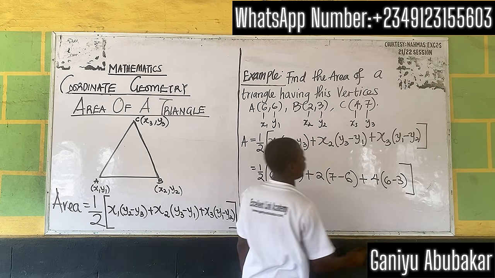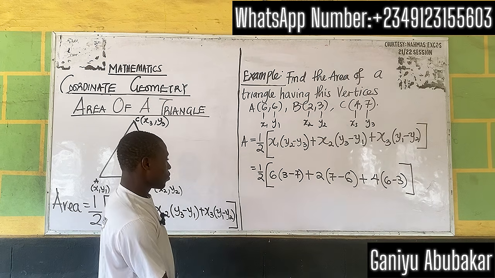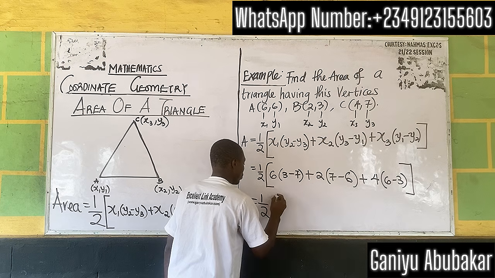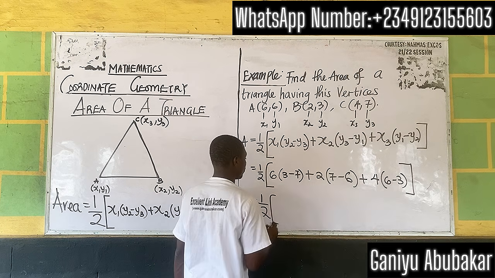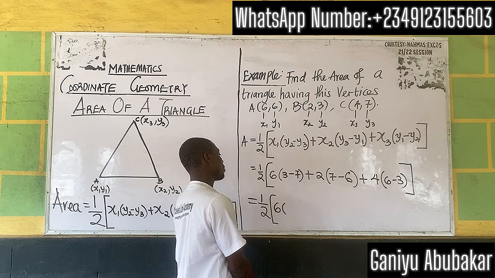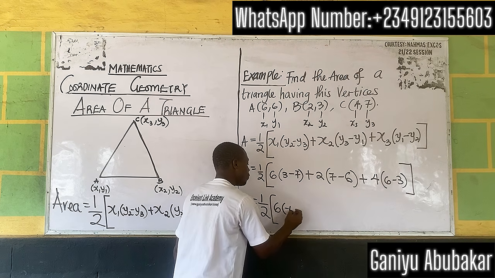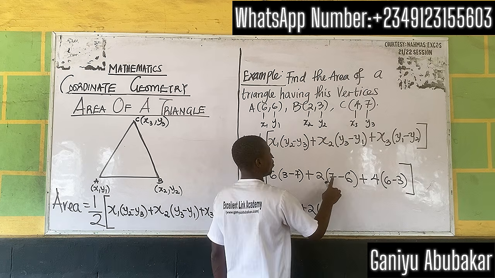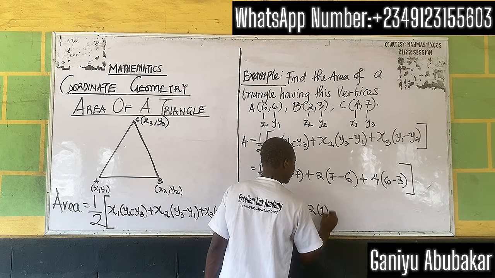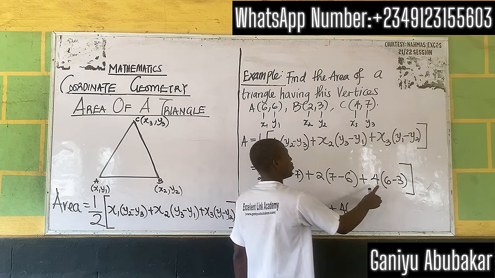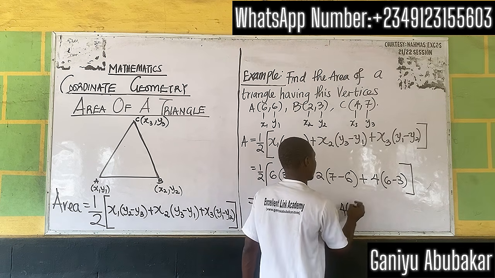All right. We're having this here. Proceeding further, the area gives you 1 over 2 into 6 in a bracket 3 minus 7, that gives you negative 4, plus 2 into 7 minus 6 is 1, plus 4 into 6 minus 3 is of course 3.